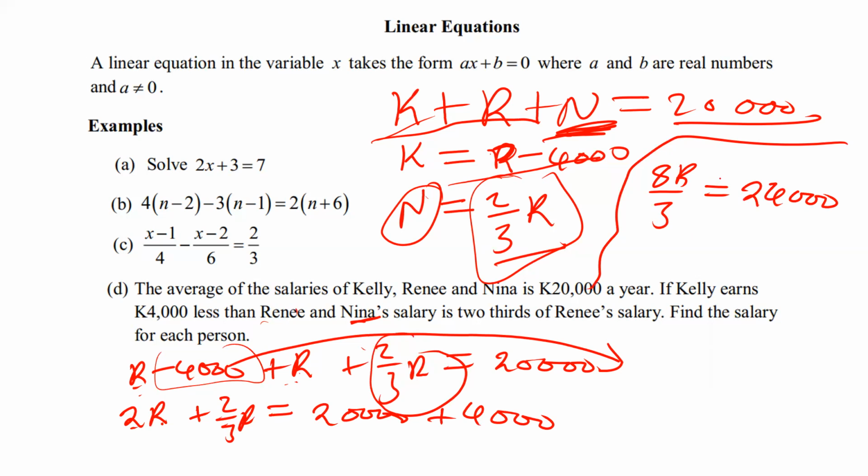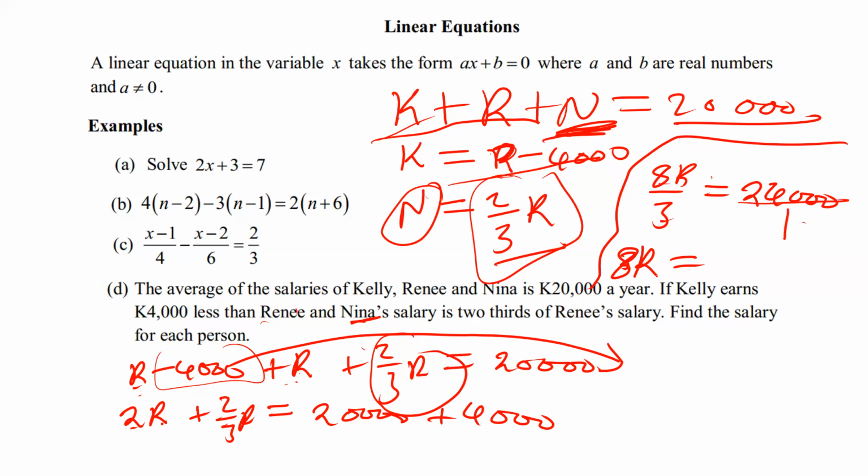So let us make R the subject of the formula so that we can find the salary that Rina gets. Okay, so what we can do here is, I'm sure this one is straightforward. So we have 8 this side. Then I'm trying to cross multiply.